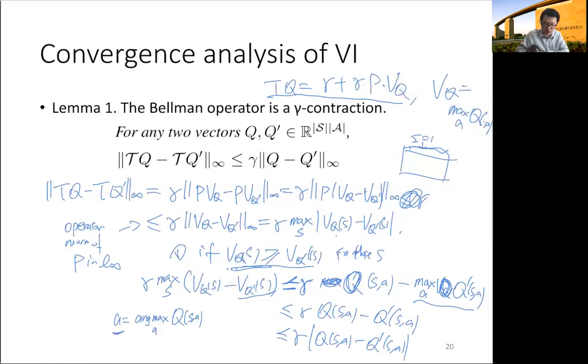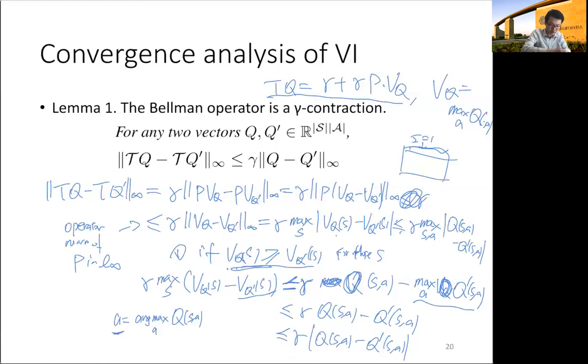So for all pairs of S and A, I can bound this using this inequality, by plugging into the above, which gives us gamma of max over S and A of the absolute value of Q of S, A minus Q prime of S and A. And now what remains is to just look at the left hand side and right hand side, right?